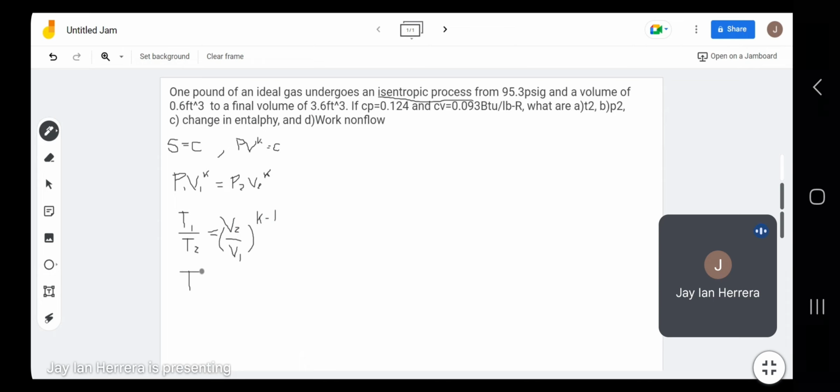And for temperature to pressure, we have here P1 all over P2 raised to K minus 1 all over K.